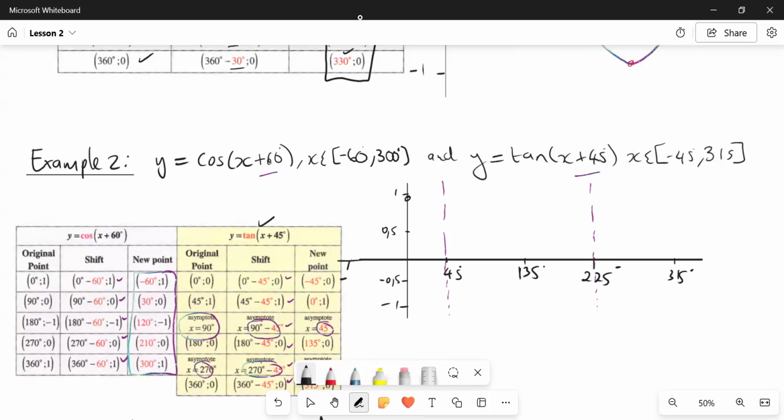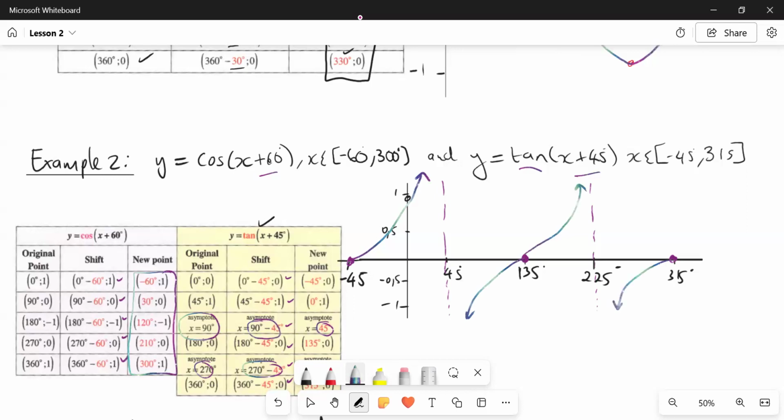So let's have minus 45 there. And then now 45, we have a 0. 135, there's a 0. 315, there's a 0. Now, since the sign of tan is positive, the graph will have to go up. Start by increasing, at 135 goes down alternatively, and up again and down.